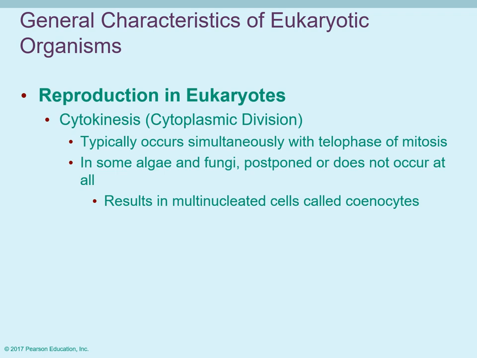There are some cells, some organisms, some algae and fungi, where cytokinesis may not occur every single time. It might be delayed. And what happens then is you end up with cells that have more than one nucleus in them. And we refer to those as the coenocytic cells or coenocytes.